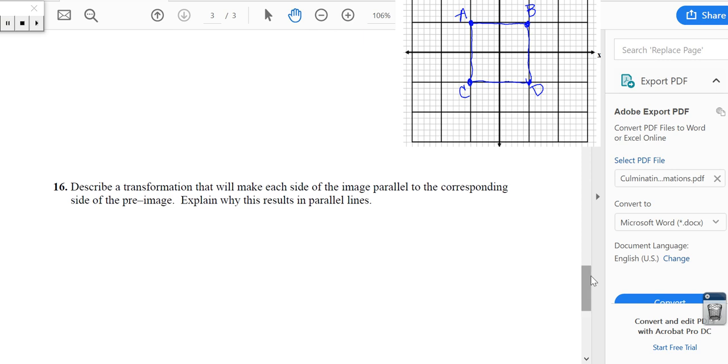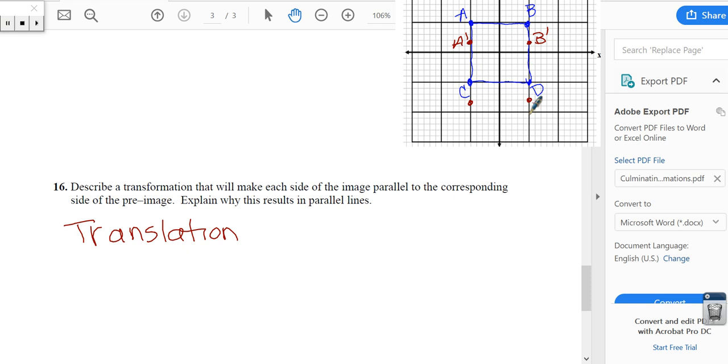It says describe the transformations that would make one side of the image parallel to a corresponding side of the pre-image. Why would these result in parallel lines? So this means a translation is happening. If I slide this down, and it becomes A prime, and this becomes B prime, how many did I go down? 1, 2, 3.